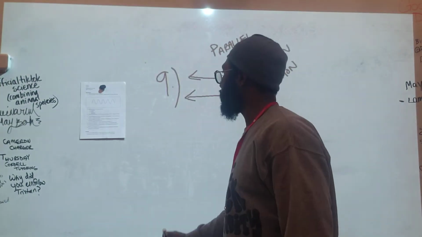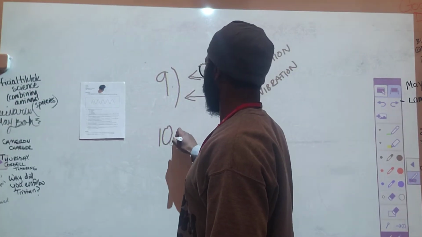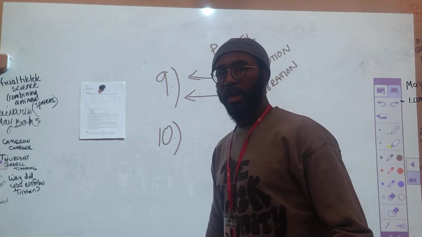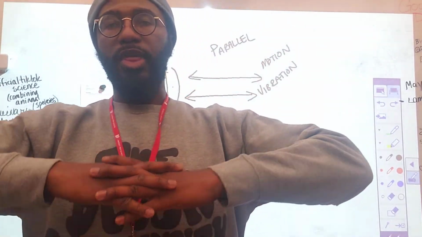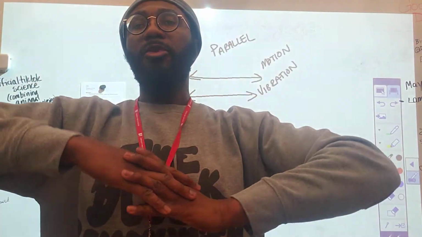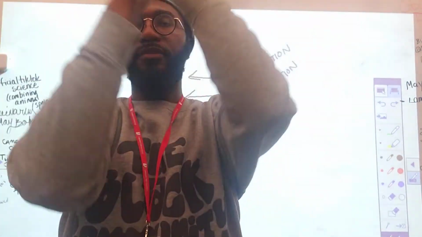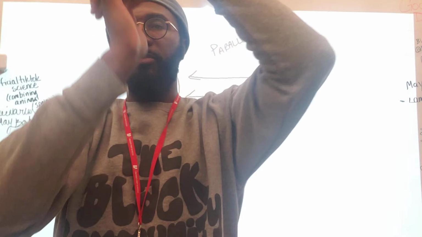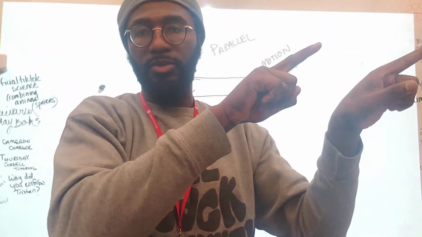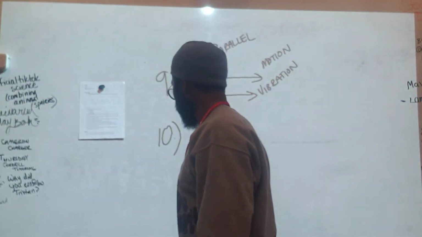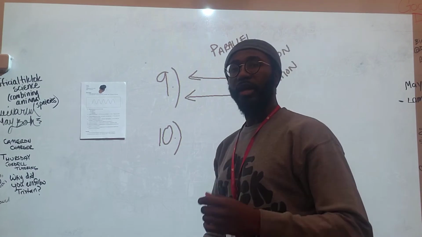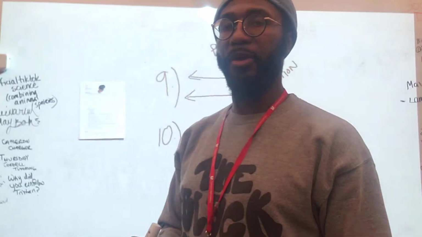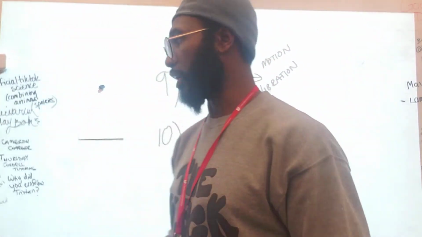Now for problem 10, it's asking about a transverse wave. Again, we know that for a transverse wave, I'm lifting my hand up, but the wave is traveling across the screen. I'm moving my hand up, but the wave goes this way. So for a transverse wave, they are perpendicular to each other.